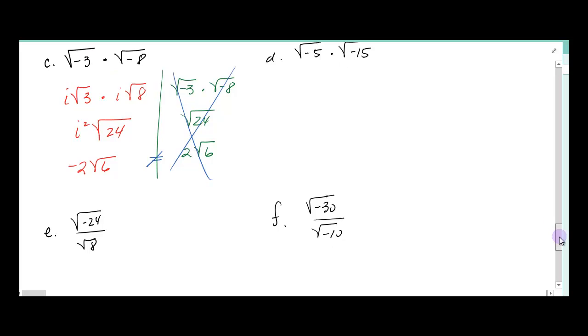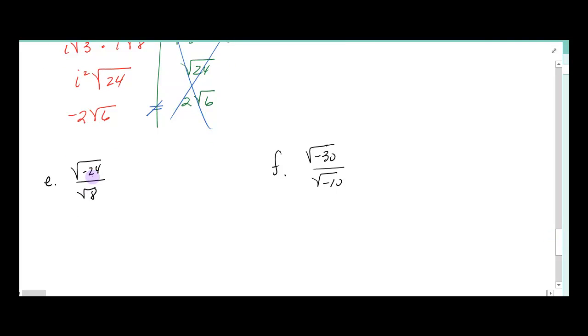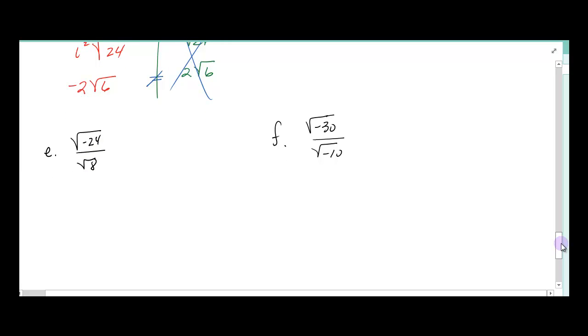Let's go down and let's work this division problem together, and then you can work the next two to check. So if I have negative square root of 24 divided by the square root of 8, again, handle the negative or the i portion first. So we're going to rewrite this as a simplified. I'm going to pull that negative out as i. So I have i in the front, and then I'm going to write this as 24 divided by 8.